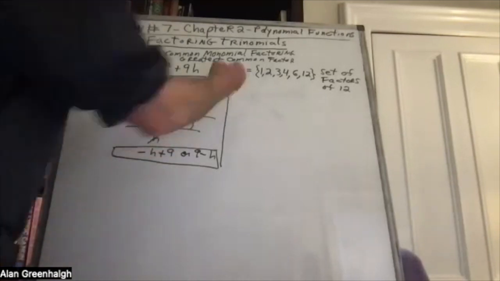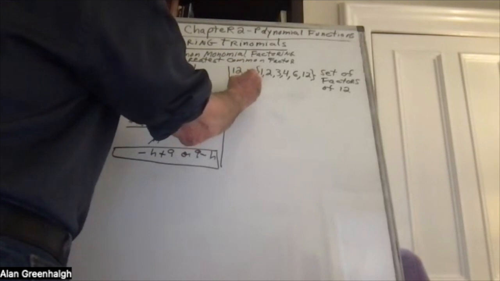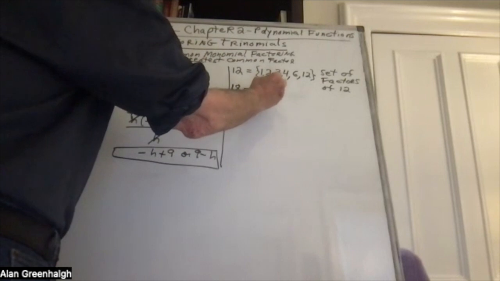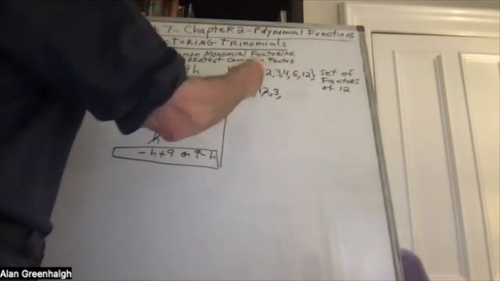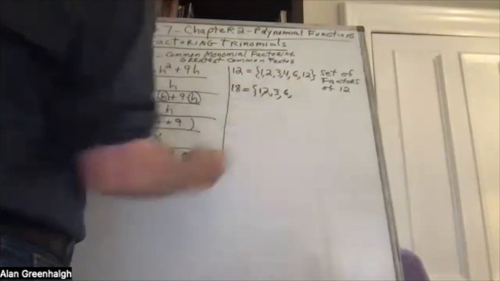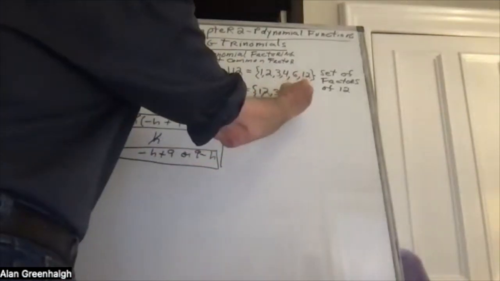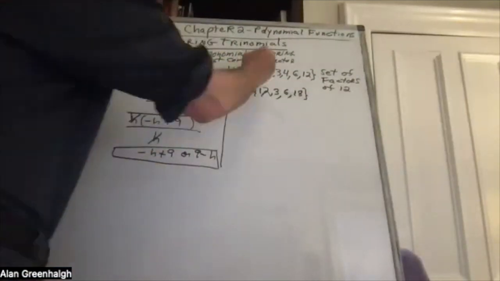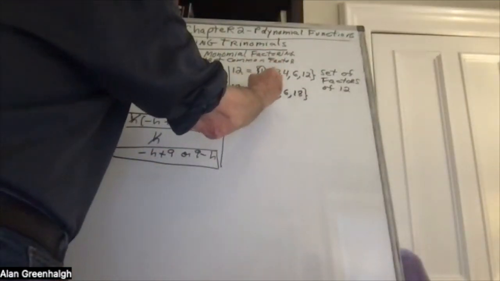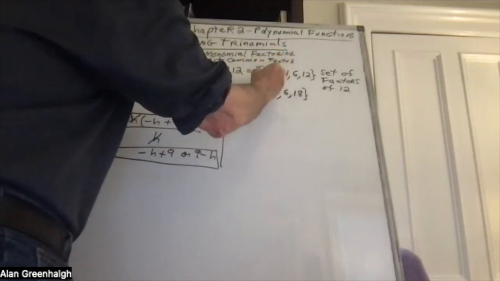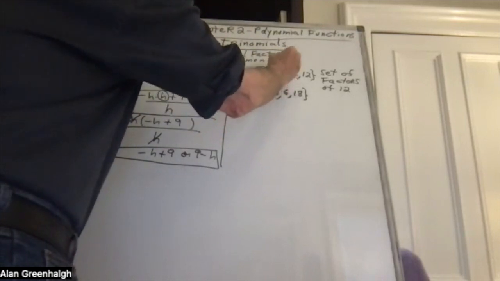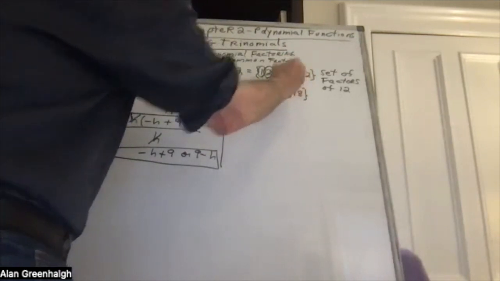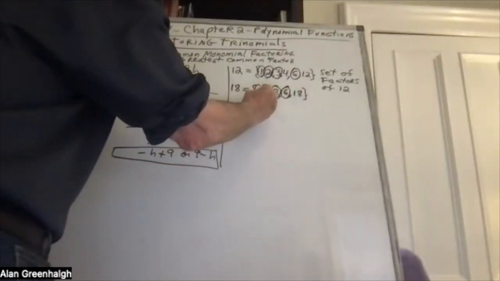If you have two numbers like 12 and, let's say, 18, the factors of 18 are 1, 2, 3, 4 doesn't go in, but 6 goes in, and 18, of course, goes in. You look at these two numbers, and they have several common factors. These numbers that I'm circling are called the common factors.